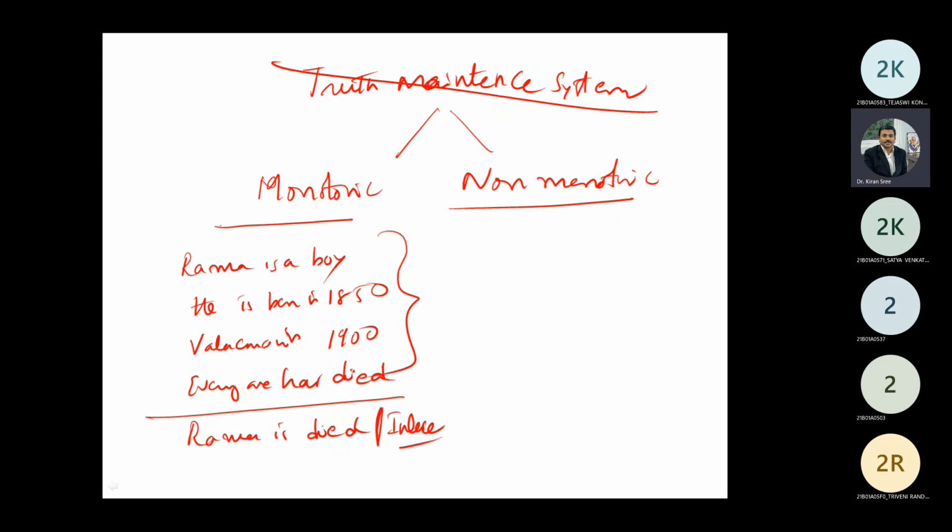So there is no instability that can be attributed to this type of monotonic system, because you try to infer, you add some other values like Rama is a student, Rama's father is somebody. You add some values, the inference that you took will not change.